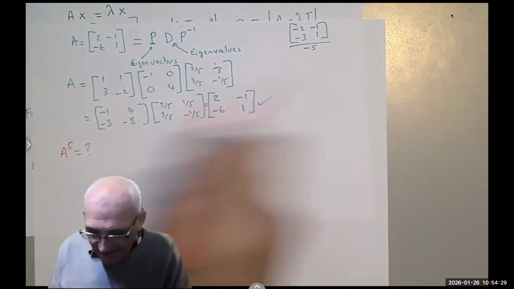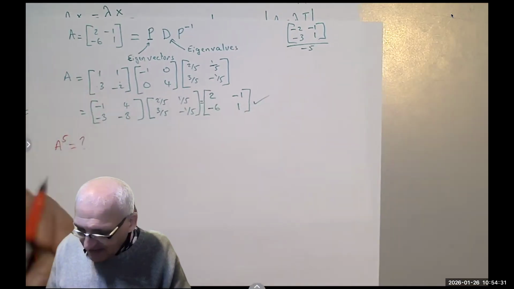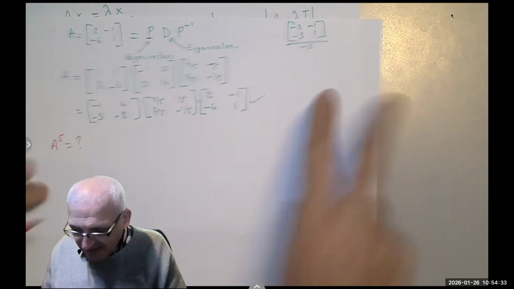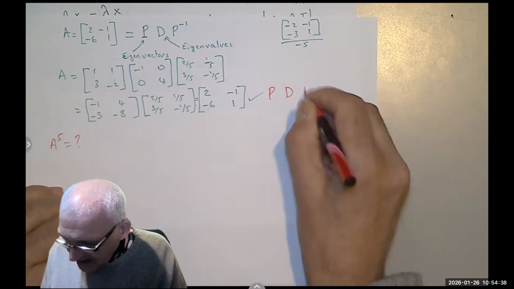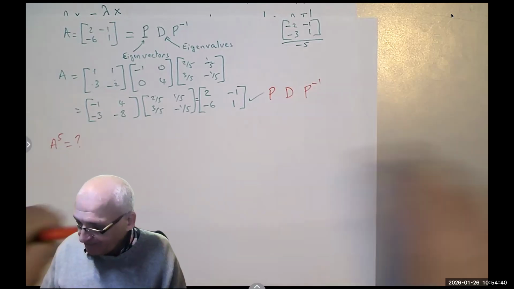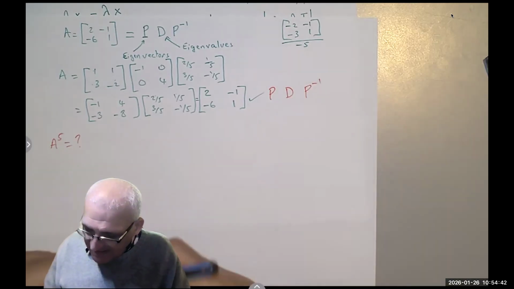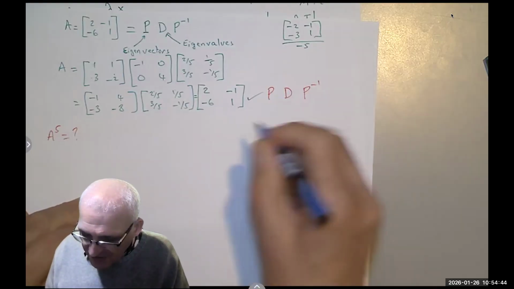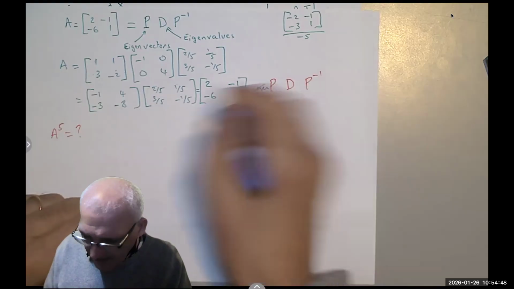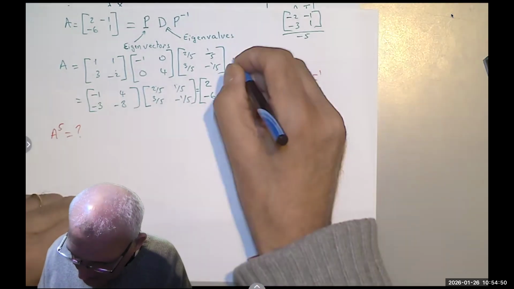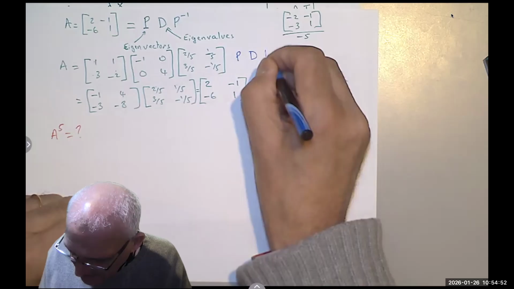Notice that a square, I can write it as this times itself. So P, D, P inverse times P, D, P inverse. What happens is that the P and the P inverse cancel.